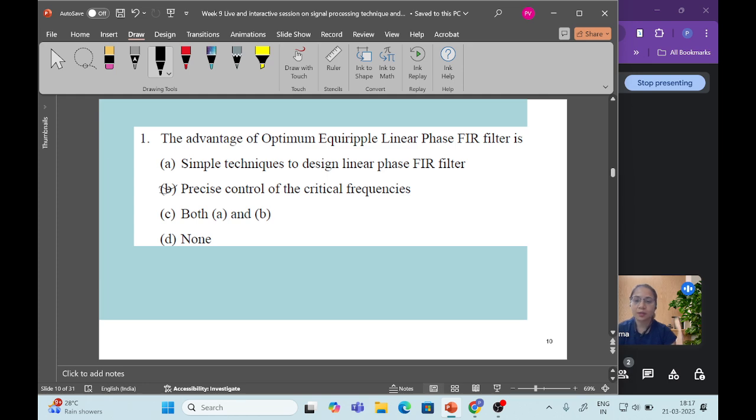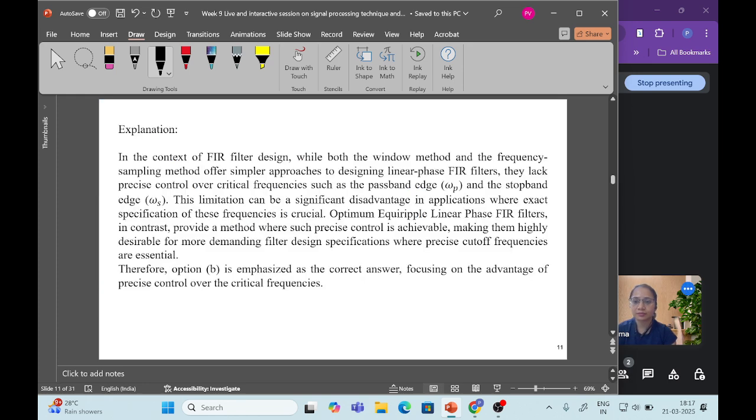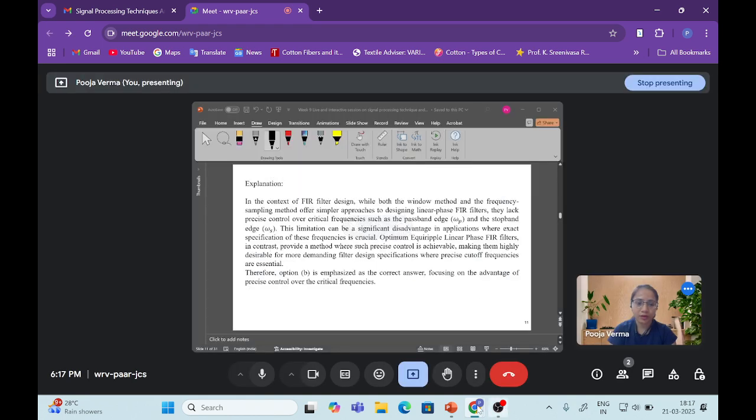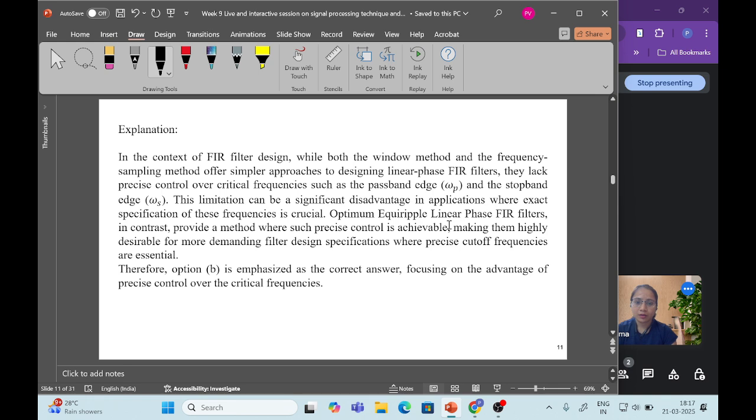The detailed explanation is given in the next slide. In the context of FIR filter design, while both the window method and the frequency sampling method offer simpler approaches to design linear phase FIR filters, they lack precise control over critical frequencies such as the passband edge and stopband edge. This limitation can be a significant disadvantage in applications where exact specification of these frequencies is crucial.